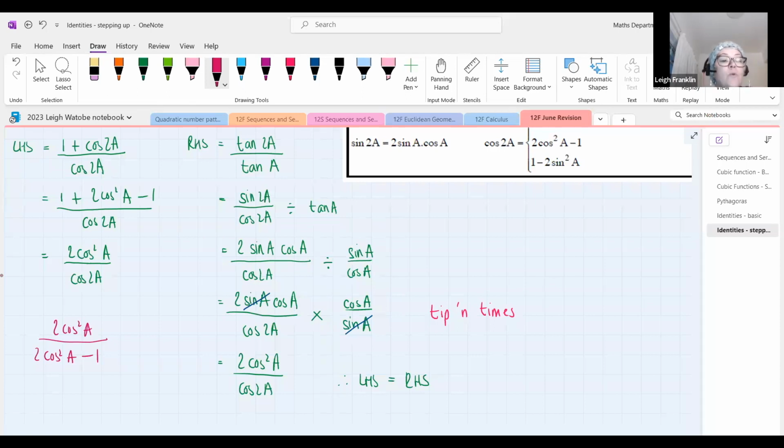You can't cancel the 2 cos squared a at the top with the 2 cos squared a at the bottom, because then you'd be breaking mathematical rules. You'd be canceling over a minus sign. So rewriting your denominator doesn't allow you to simplify any further. What else could we possibly do here?